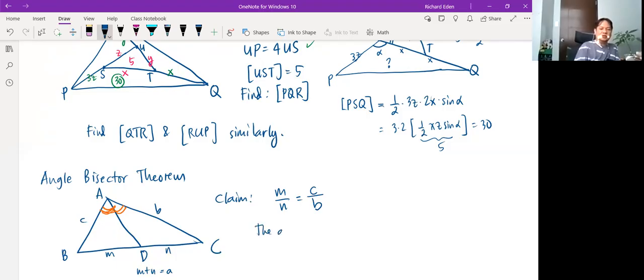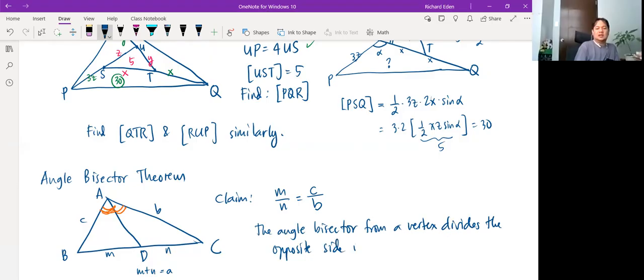The angle bisector from a vertex divides the opposite side into segments proportional to the other two sides.